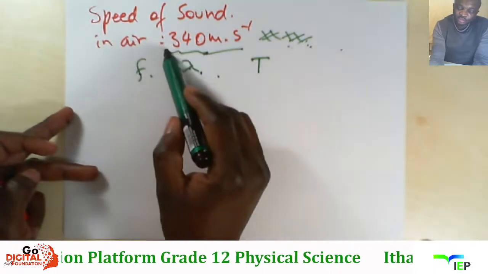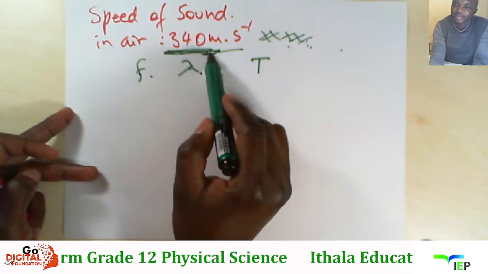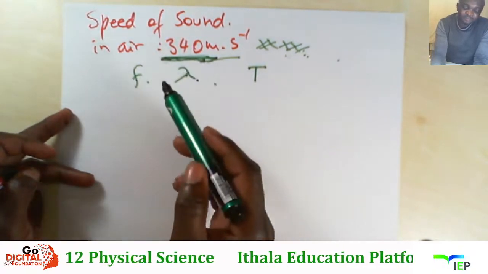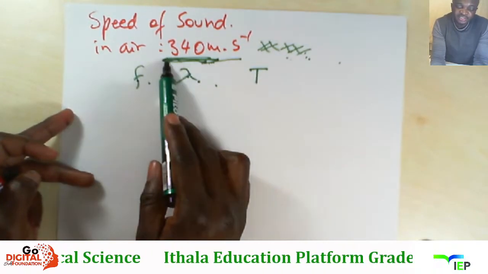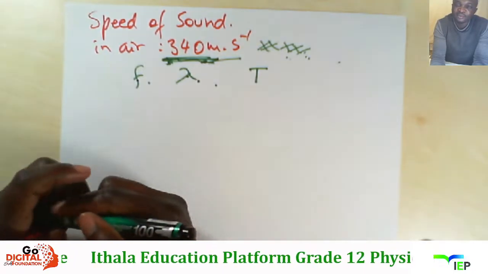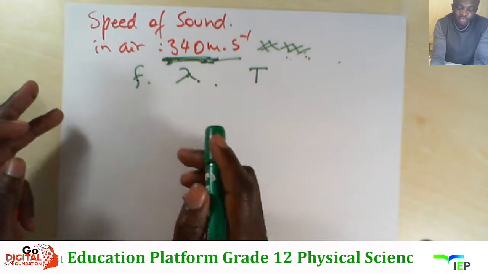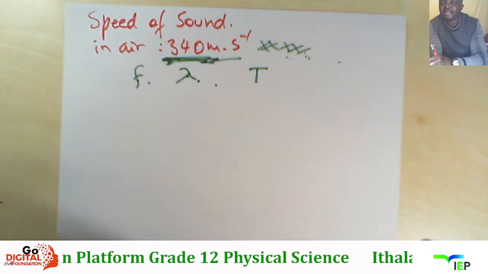I said it's not always 340. Speed can be affected by weather and so on, the conditions of the weather on that particular day. When it's hot, you will see that sound travels fast because the particles have what? Higher kinetic energy. So it is easy for them to compress because of the higher kinetic energy.